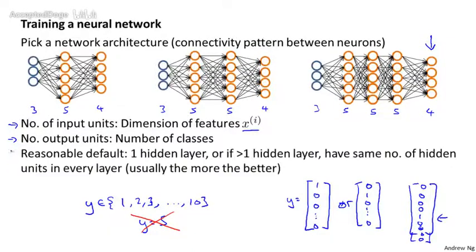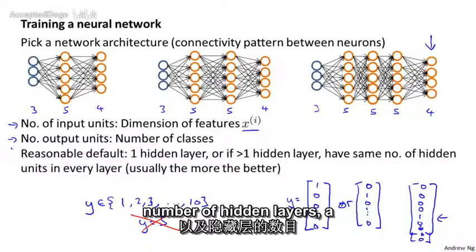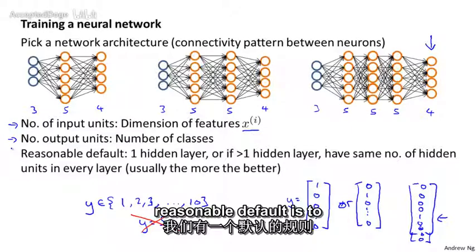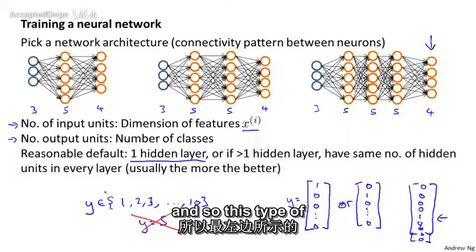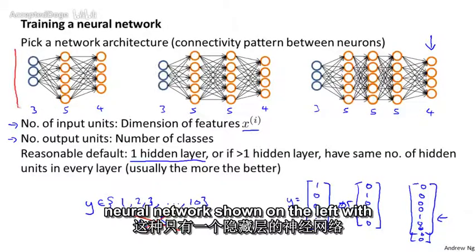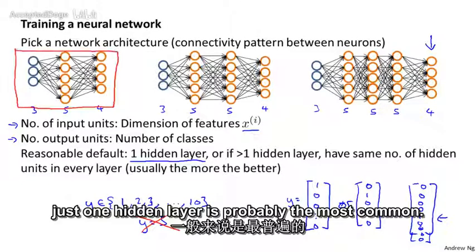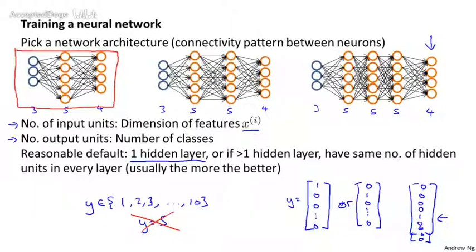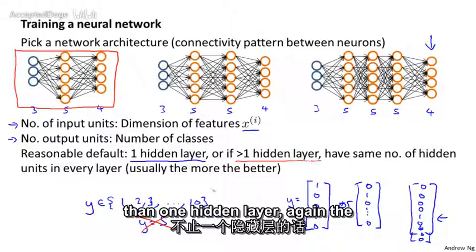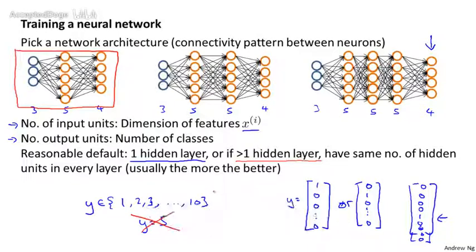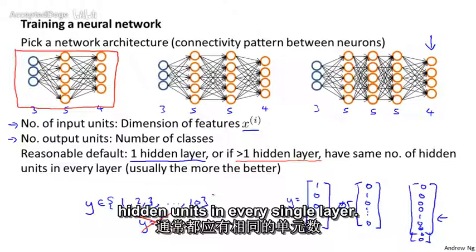And as for the number of hidden units and the number of hidden layers, a reasonable default is to use a single hidden layer. So this type of neural network shown on the left with just one hidden layer is probably the most common. Or if you use more than one hidden layer, again, a reasonable default will be to have the same number of hidden units in every single layer.